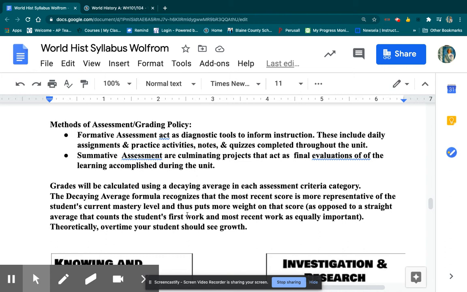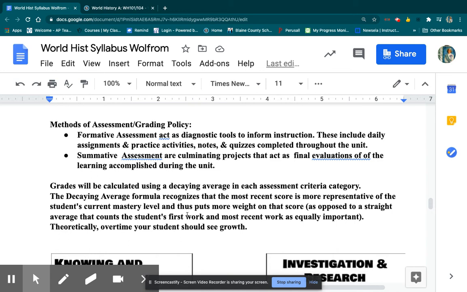And so every time you practice a skill, it'll be worth slightly more than the last time you practiced a skill. You can redo work to improve your score, but that requires that you absolutely take my comments and view the feedback and participate in that feedback cycle. And we're going to go over that more later.